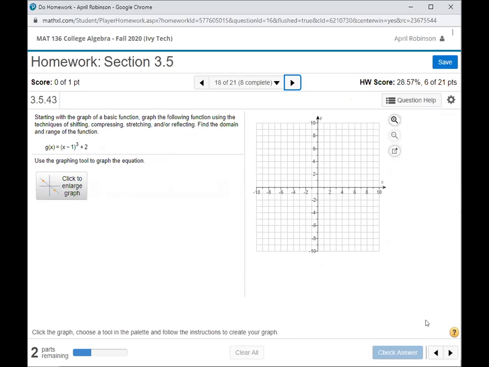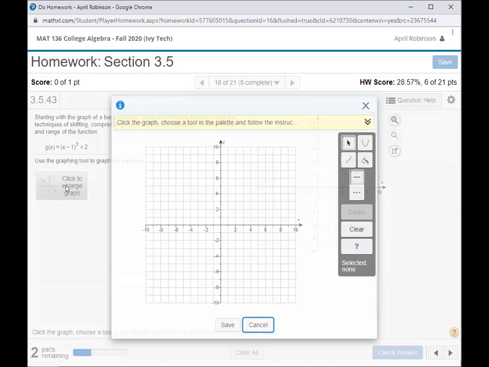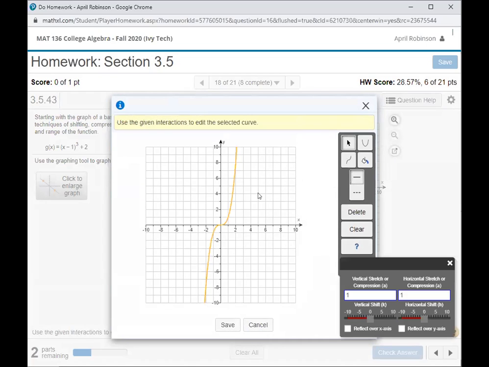All right, so here's my math lab. You have to know what the basic function is, because when you click on the graph, you have to tell it. They're only giving me two choices, the parabola and the cube. Then just click on the graph anywhere and it shows up. There is your x cubed graph. That's the one you've got to move.